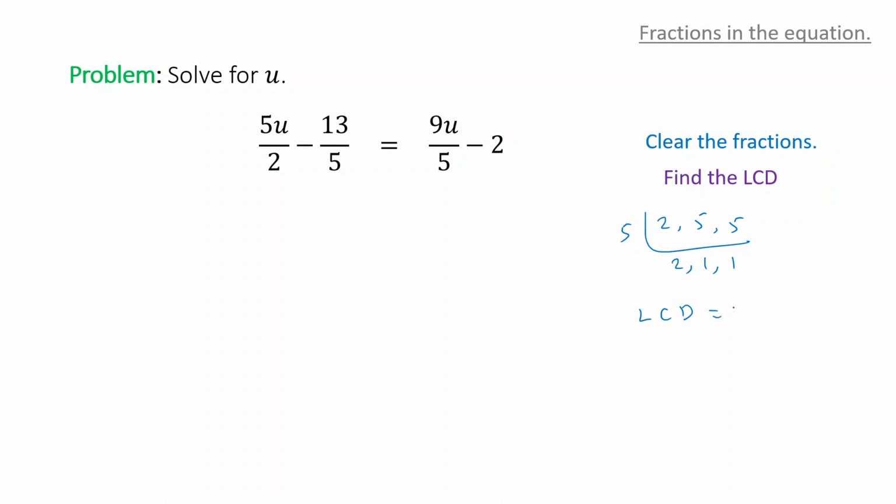That is 5 times 2 times 1 times 1 equal to 10. Now multiply both sides by 10. Now you need to remove the parentheses by using the distributive property.